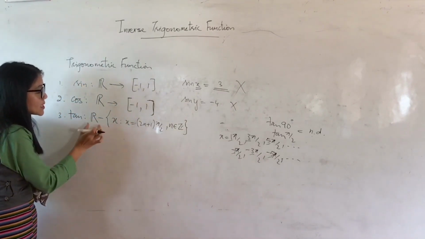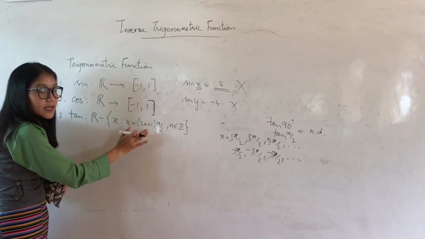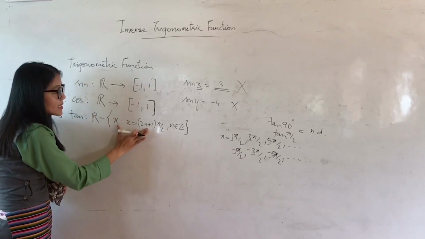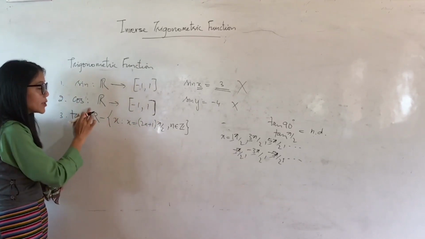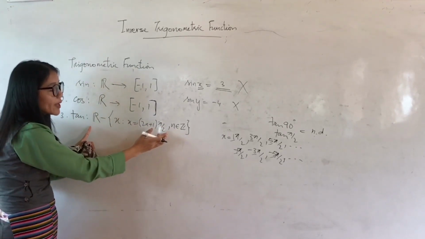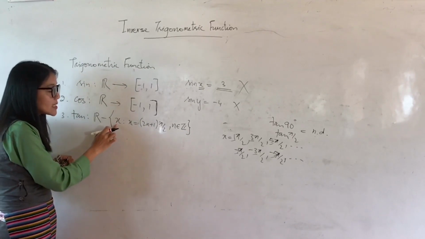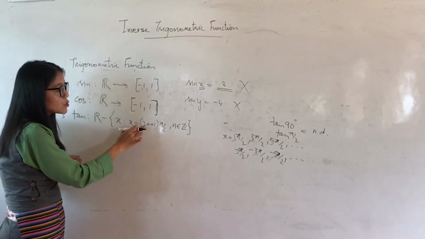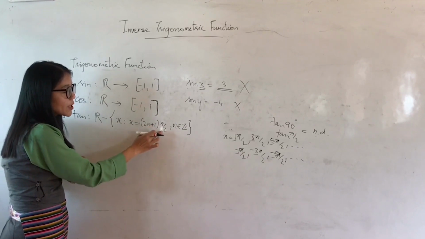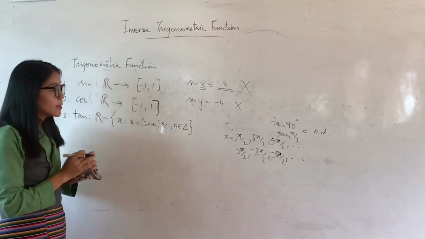So therefore, from the set of real numbers, I am excluding all such x. Except these x, for other real numbers, tan is always a defined value, right? So therefore, the domain of tan is the set of all real numbers excluding all such x, where x is equal to (2n plus 1) into pi by 2, where n is some integer. So this is the domain of tan, okay?